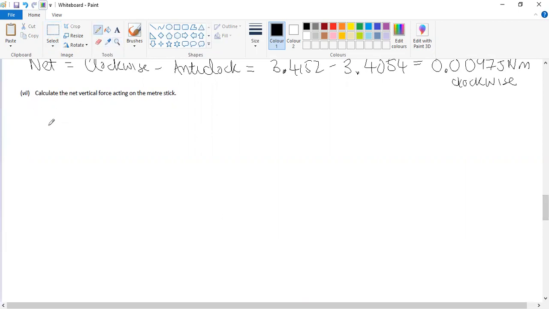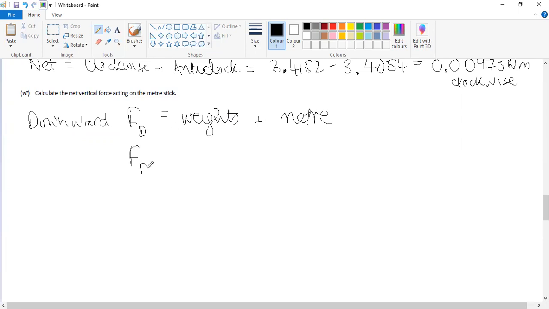So the net vertical force acting on the meter stick, let's say downward. And this is where it's handy to just look at your diagram. So downward forces, I'm going to call it FD, is weights and meter stick again. These aren't the turning moments, they're just the forces.